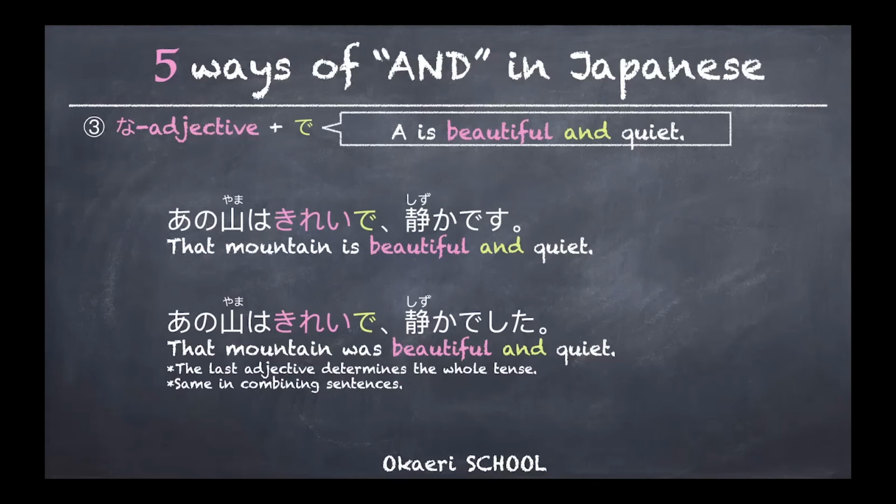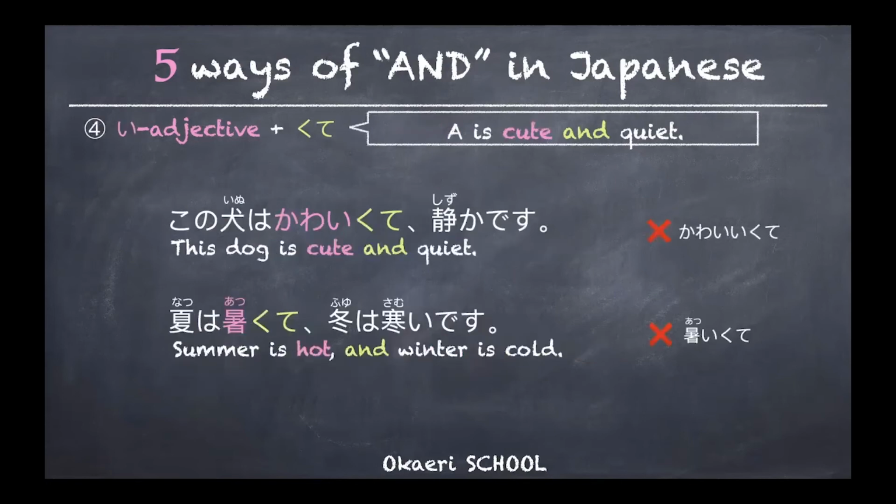So, simple enough. Number 4, E-adjective. Well, E-adjective is always tricky, in my opinion. For example, this dog is cute and quiet. Cute, kawaii. E-adjective. You have to put KUTE after the adjective, but don't forget to remove E. So it would be wrong to say, この犬は可愛くて.